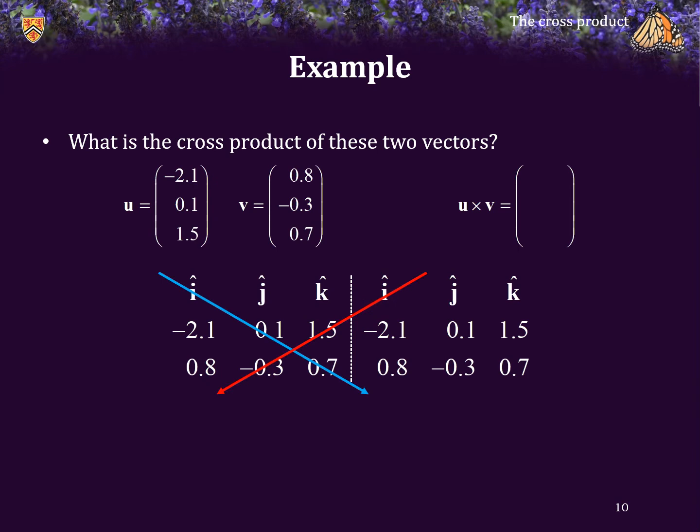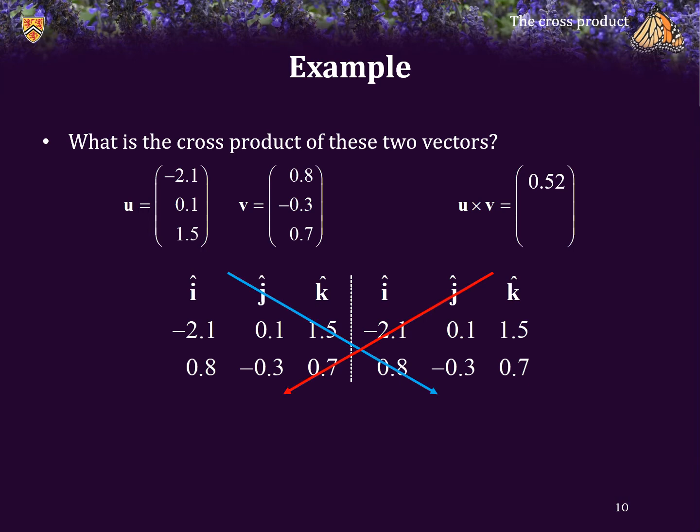To calculate the first entry of the cross product, we multiply 0.1 times 0.7, which is 0.07, and we subtract from that the product of 1.5 and negative 0.3. The product of those two is negative 0.45, so we are essentially adding 0.07 plus 0.45, which is 0.52.